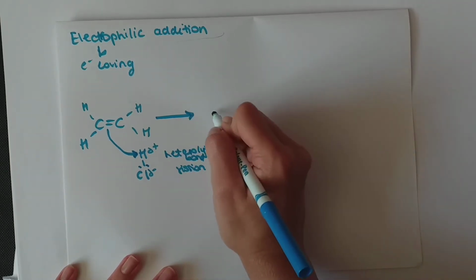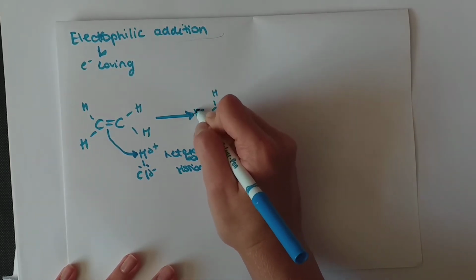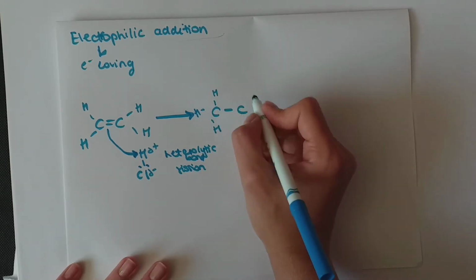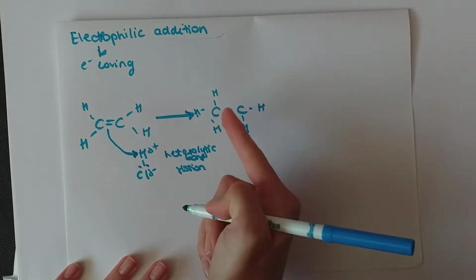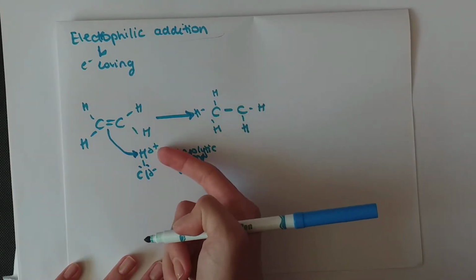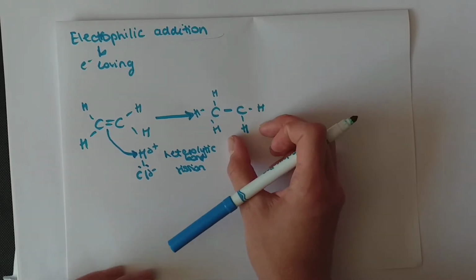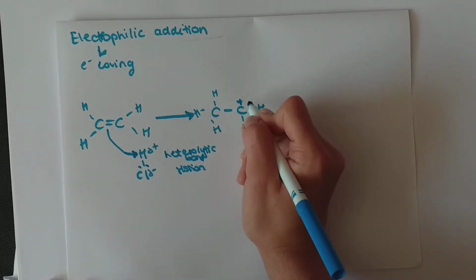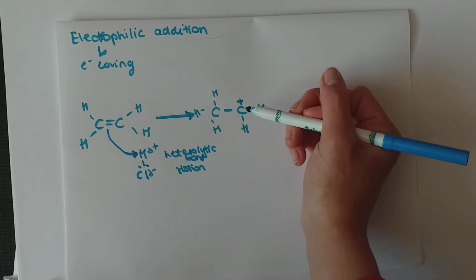So we go in further down. We still have two carbons. It's no longer a double bond because we just shared these electrons with our hydrogen. We have one hydrogen more. We have five on here. This hydrogen bonded with our ethene and it became a carbocation because now we have a positive carbon.